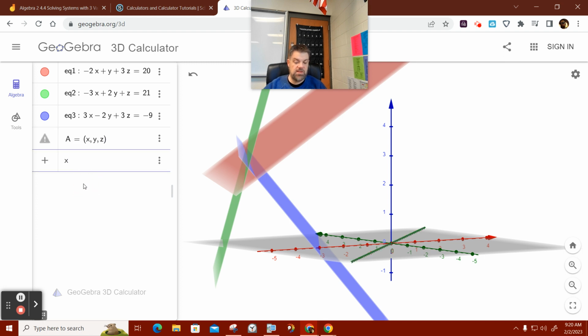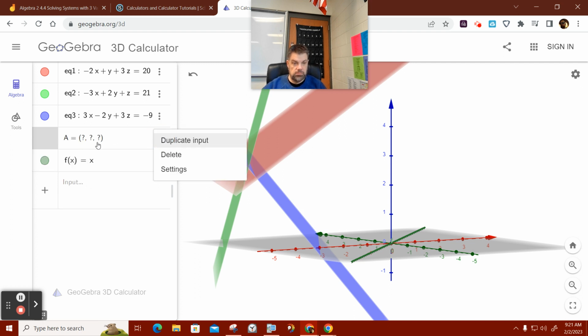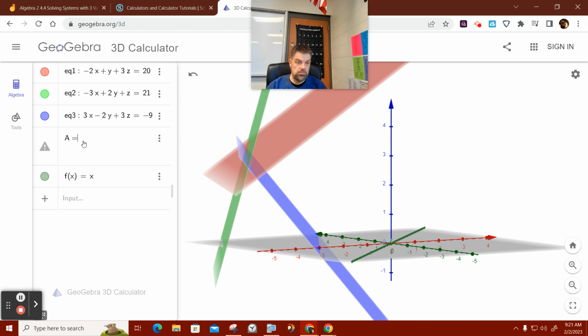So I'll put x equals, well, I'll just leave it like this. And I know that I can put in 3. Okay?